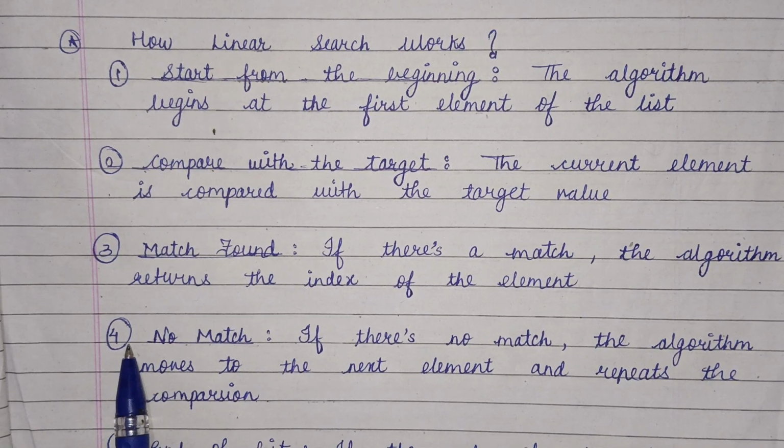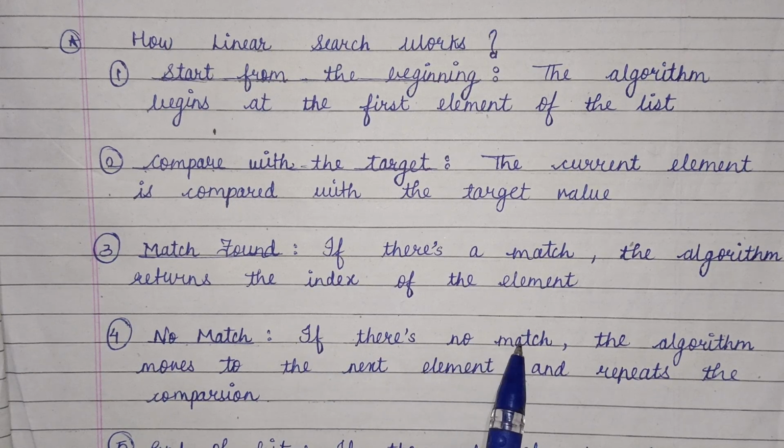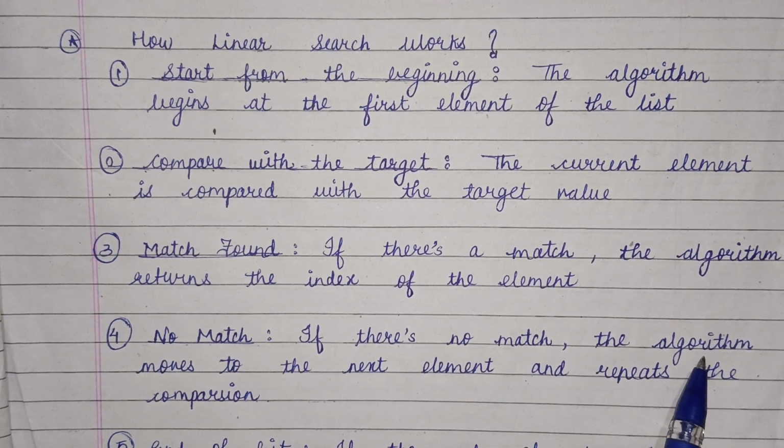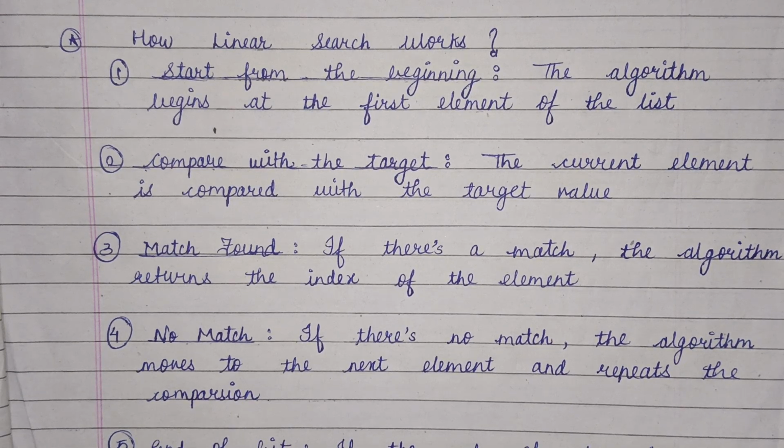Okay, the fourth point will be no match. If there is no match, the algorithm moves to the next element and repeats the comparison. So in the list we are finding the element 40.